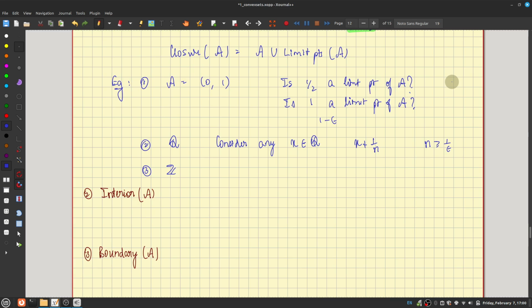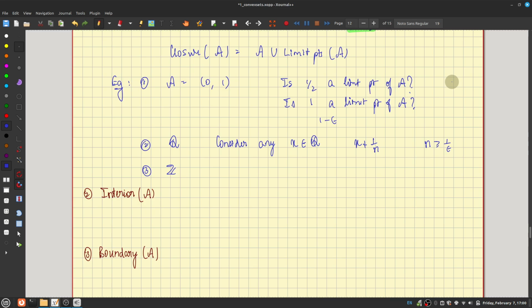But there's only so much we're going to be able to do here. In a basic course on real analysis, you will see that the closure of any closed set A is the set itself. But for now, we'll just use that as a fact.